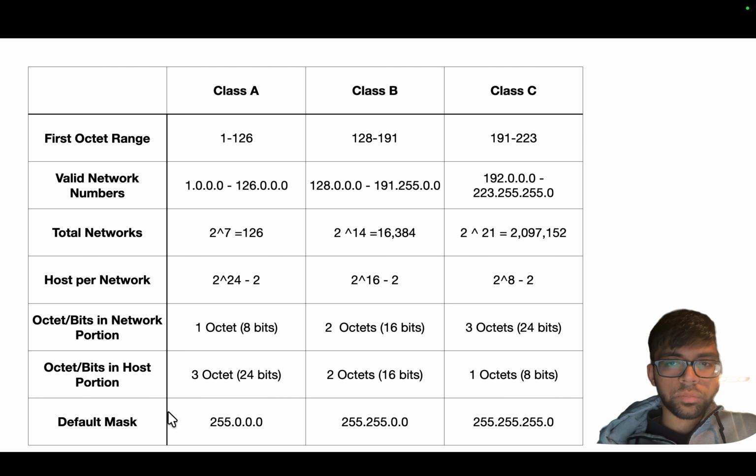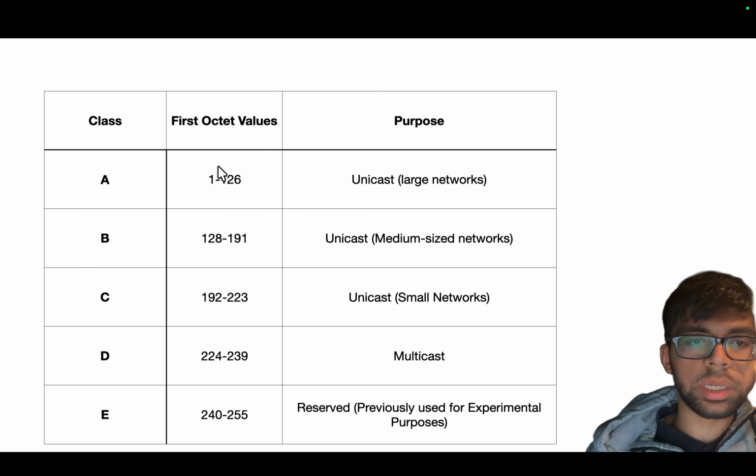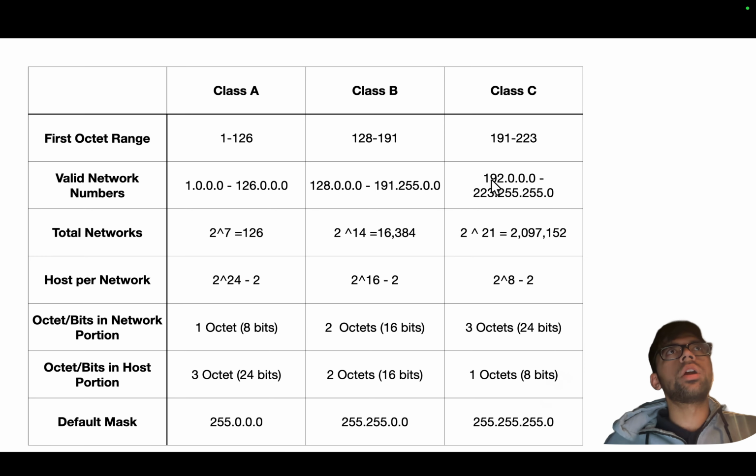Then, just going back to the RFC 1918 private addressing, expanding on here. Don't be confused. This is expanding with more details. You can see 1 to 126, the biggest range out of these three. Remember, these are used for unicast addressing: large networks, medium-sized networks, small networks.